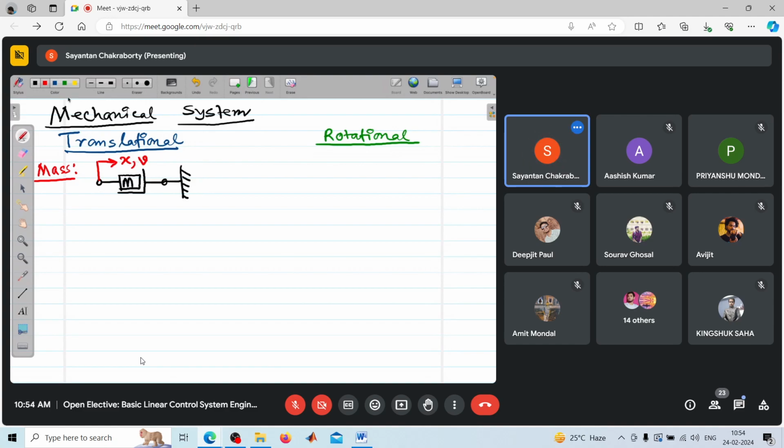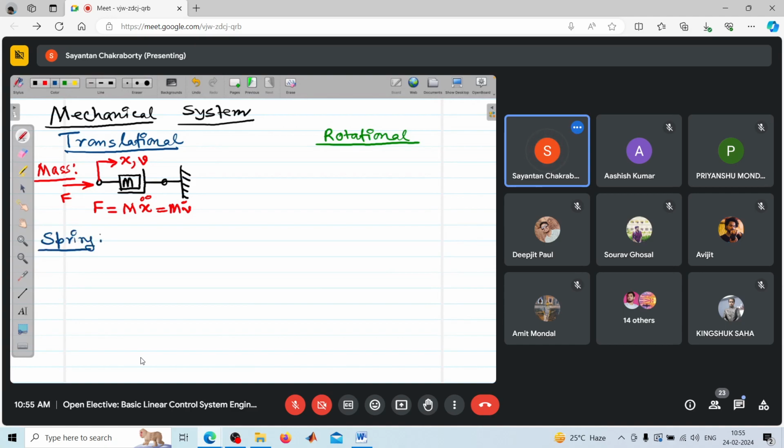How can we represent that? We can represent F as m x double dot or m v dot.